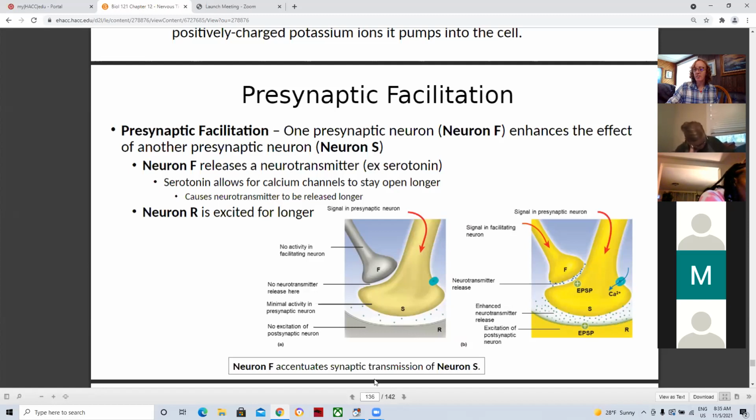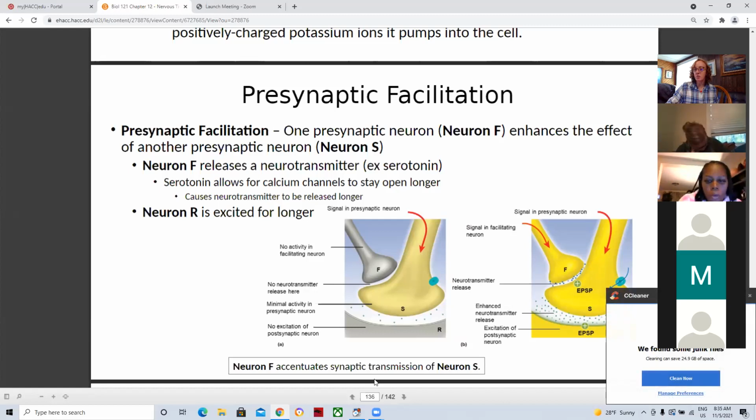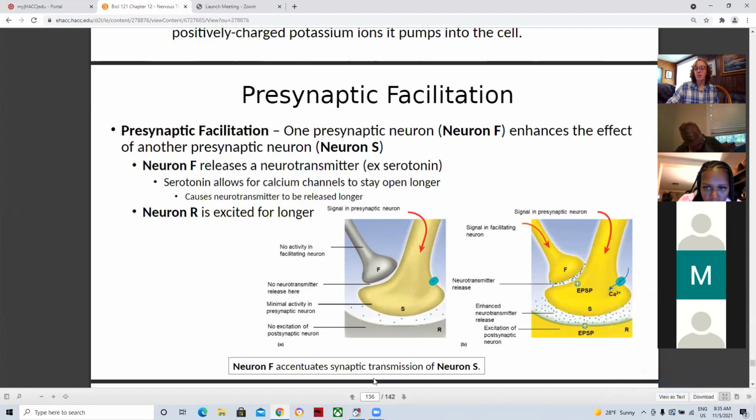So neuron F releases a transmitter through a synapse onto neuron S. And the transmitter that neuron F releases is going to allow for calcium channels.